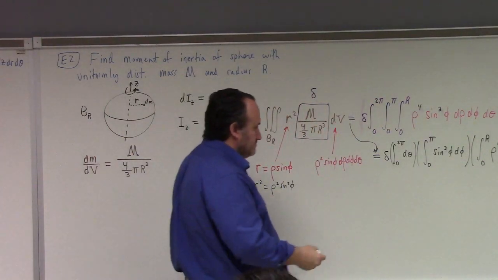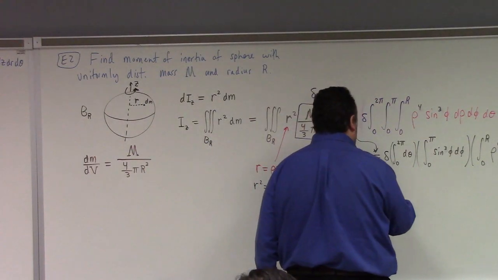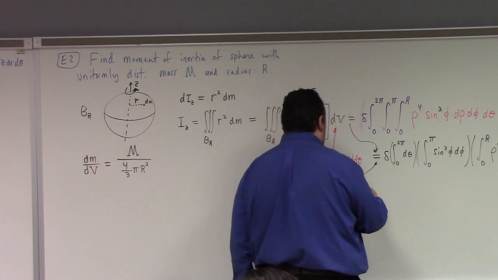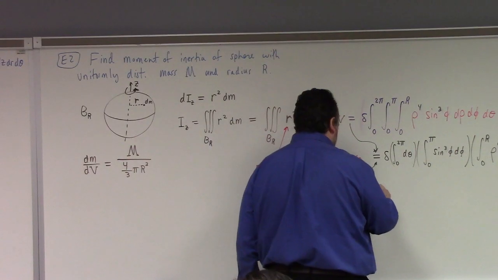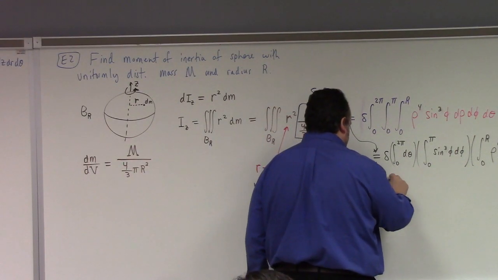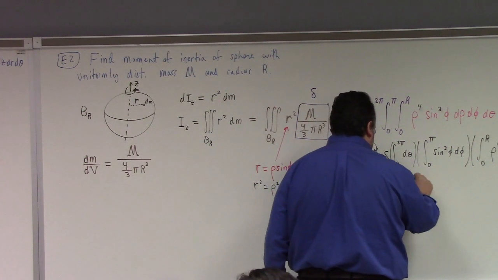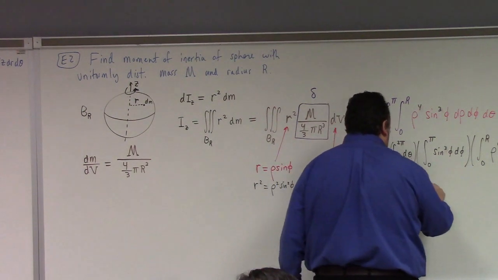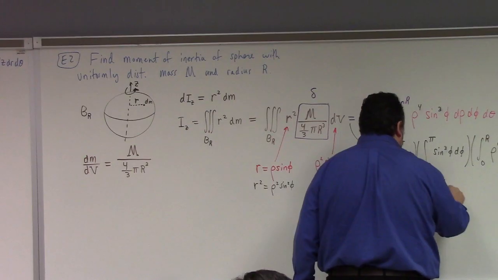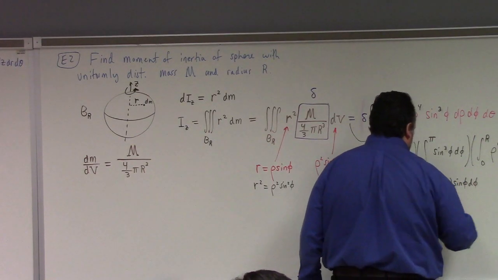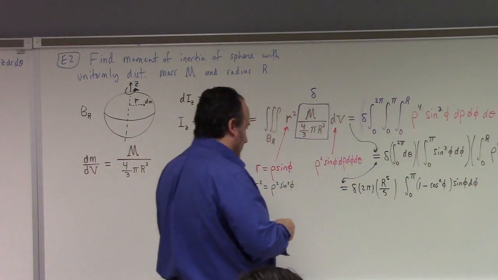All right. So some of these things we can do without much effort, like the theta integrals. So we got a delta, we got a 2 pi, we've got an r to the power 5 over 5. That's easy, right? Now the integral from 0 to pi, that's of 1 minus cosine squared phi times sine phi d phi, right? That's how we deal with integral sine cubed.